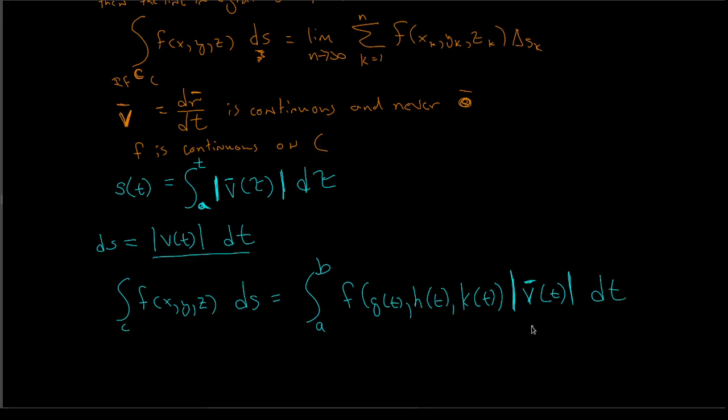Integrated across the v vector and t. And so what we want to note here is if we look at ds dt and our Pythagorean relationship for where this is coming from, just so we note this.